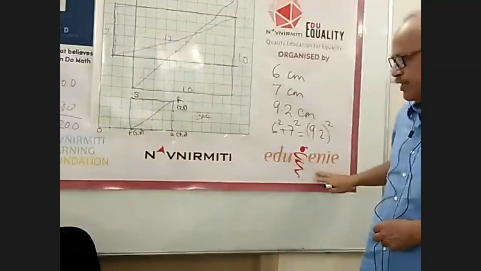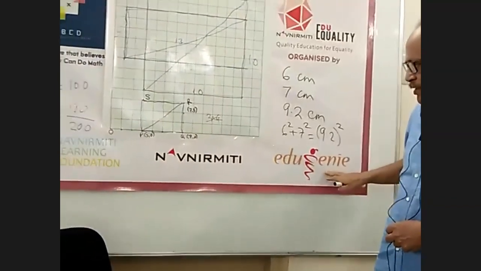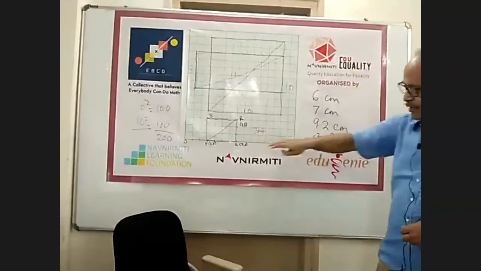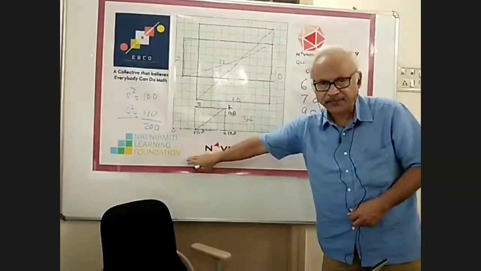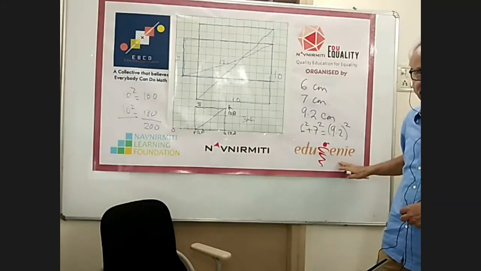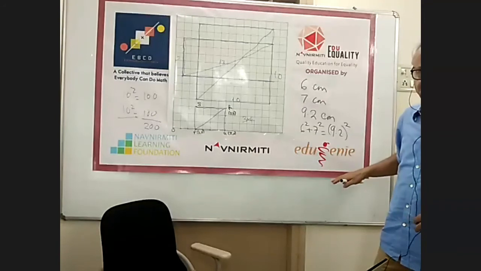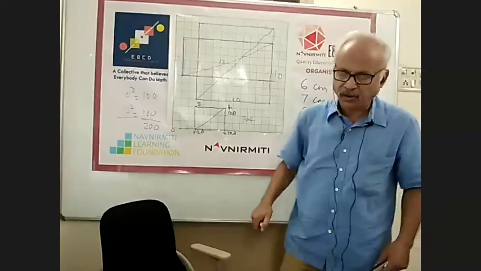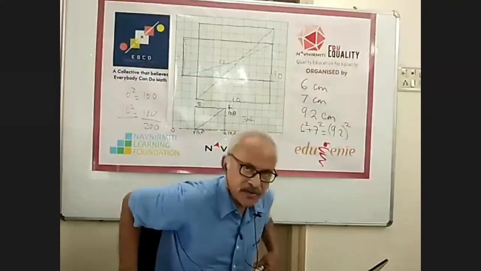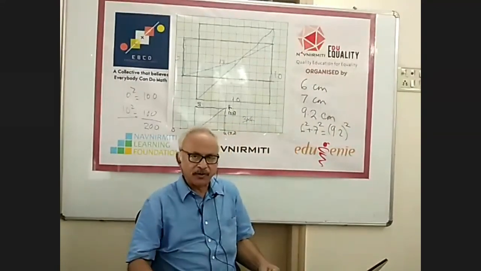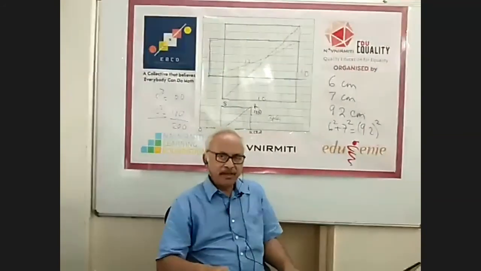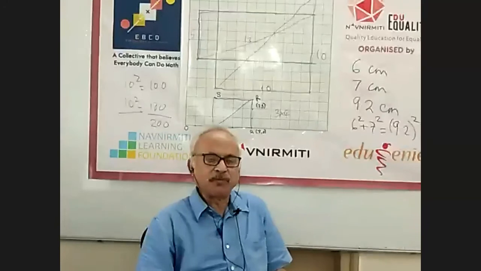And the third is Eduquality. Eduquality is in Mumbai, Learning Foundation is in Pune, and Eduquality is in Guwahati, Assam. So you can send your queries and your homework to any of these organizations. So that was the first homework problem.